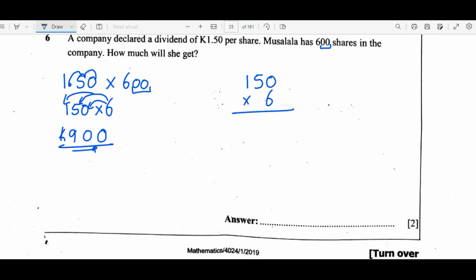We know that it will give us the same number, which is 900. Now to this 900, let's add the 2 zeros that we ignored. Then we can go back to the decimal places. We move 1, 2, so we can see that we are still getting the same number, which is 900.00 kwacha.